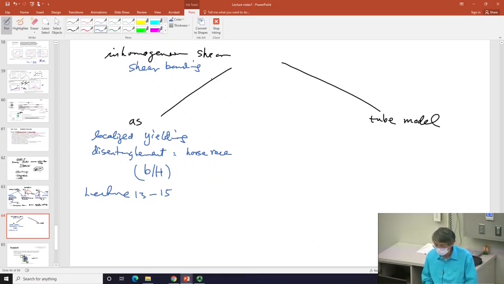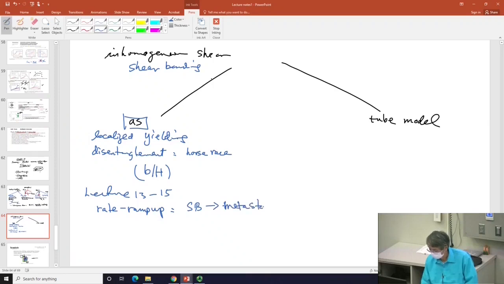Let me just describe this alternative scenario first. There is further experiment to show that this shear banding is metastable. I want to say it's transient, in the sense it's not necessarily there if you can avoid a sharp startup shear.